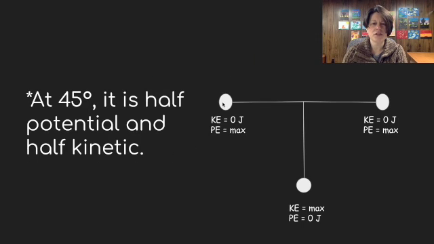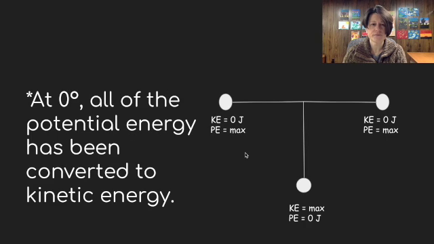Now, as the pendulum swings down, okay, at 45 degrees, which is halfway here, I don't have it labeled, but at halfway, the energy is converting. It's converting from potential energy to kinetic energy, and it is half potential and half kinetic. Then at 0 degrees down here, all of the potential energy has been converted to kinetic energy. So kinetic energy is at its maximum, potential energy is 0 because it's all the way down.